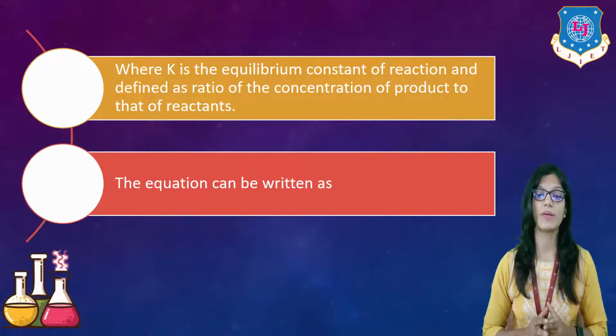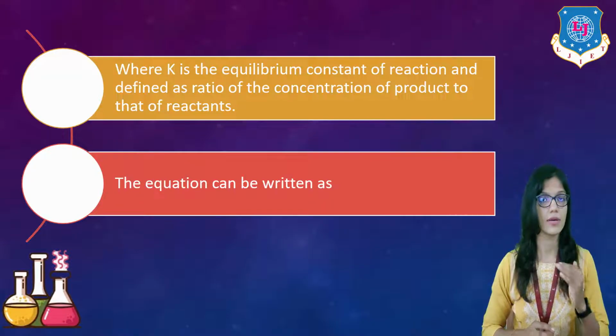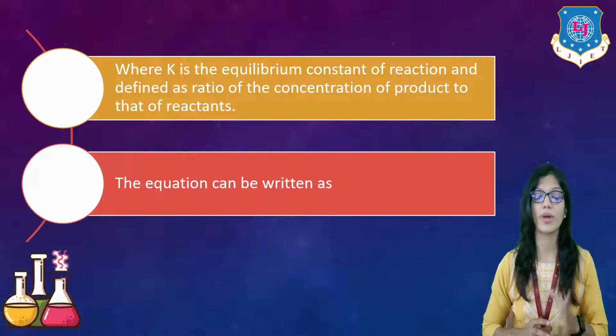Here K is the equilibrium constant of the reaction and is defined as the ratio of the concentration of products to that of the reactants. Understand it very clearly: K is the equilibrium constant of the reaction, basically the ratio of concentrations of products to the reactants. The equation can be written like this.